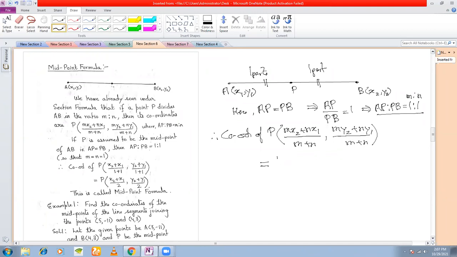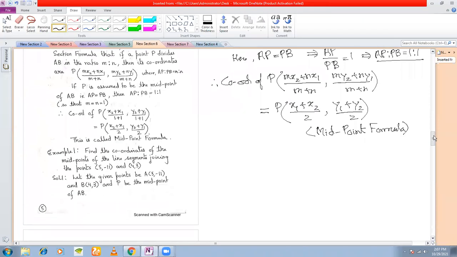You put m equal to 1 and n equal to 1 in this formula. You get x1 plus x2 divided by 2, y1 plus y2 divided by 2. This formula is called the midpoint formula, which is actually a derivation from the section formula. Please remember, if I want you to find the midpoint of the join of 2 points, you'll use the midpoint formula directly.